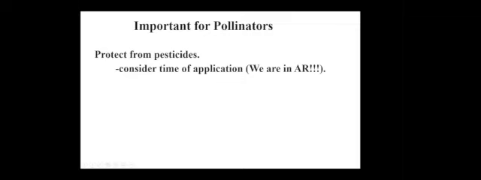So you use many different types of pesticides to keep the disease at the threshold in your field. But we are living in Arkansas, and a lot of people say Arkansas has a different situation every year. So consider the timing of applications, so that you protect your pollinators in your field.